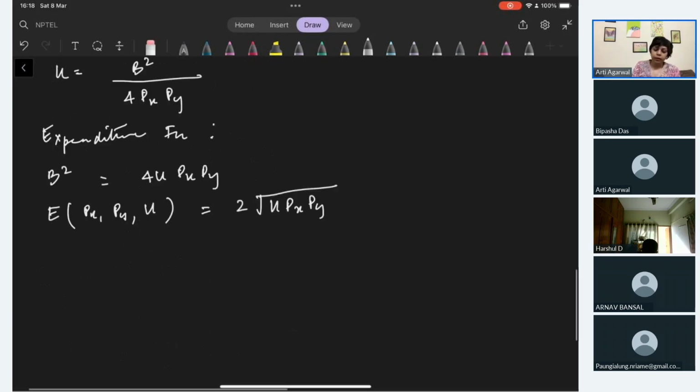Then we rearranged those terms to get the expenditure function, where we see how the expenditure varies with utility and prices instead of the other way around.